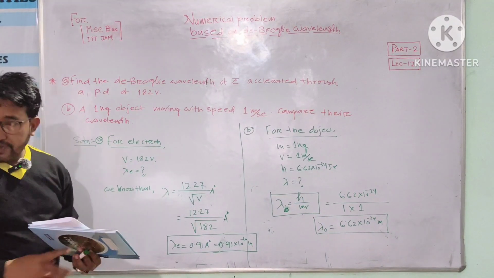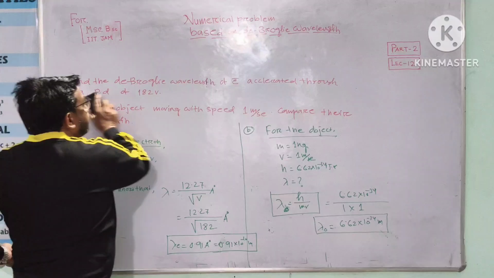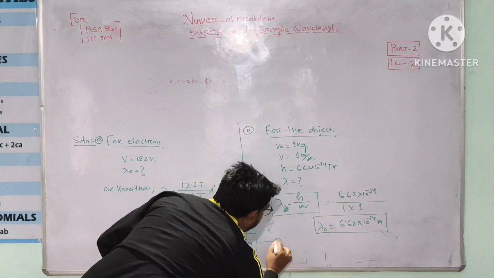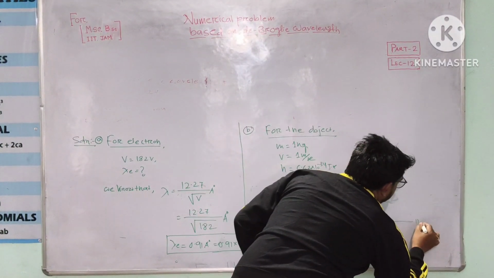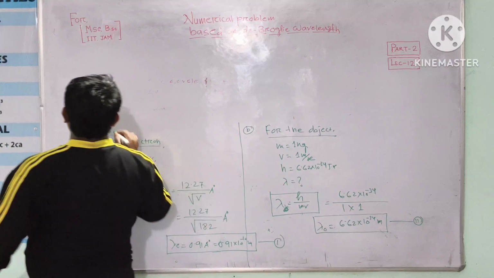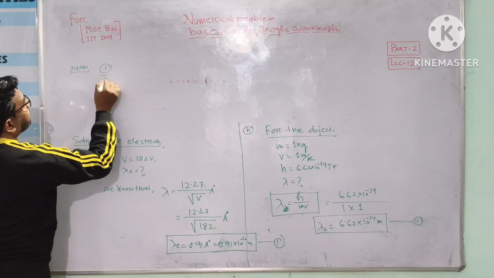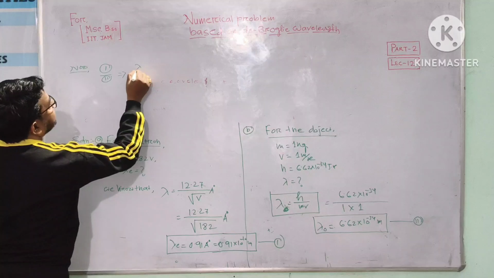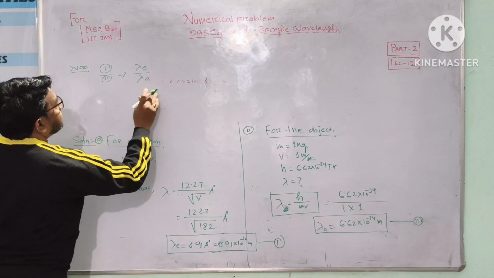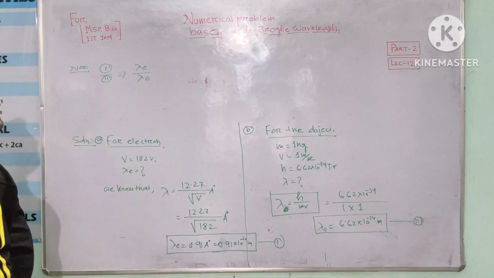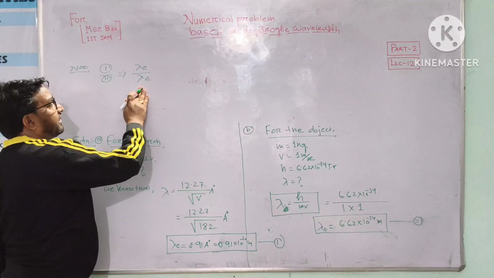Now we are going to compare their wavelength. This is equation number 1 and this is equation number 2. Now 1 divided by 2, that means lambda E divided by lambda O. Lambda E, de Broglie wavelength of electron, and lambda O, de Broglie wavelength of object.